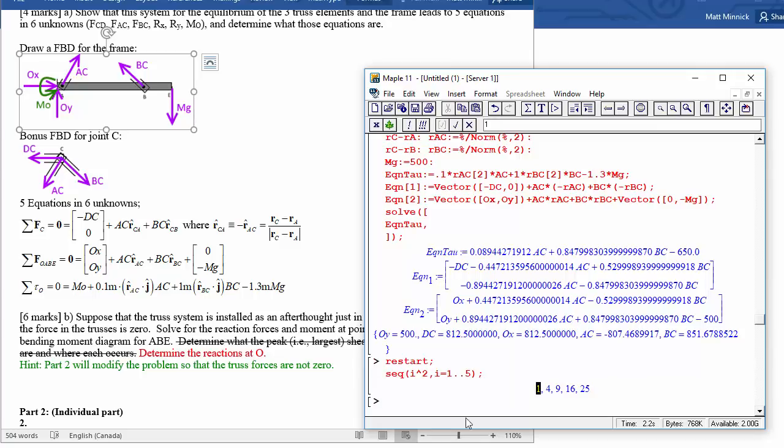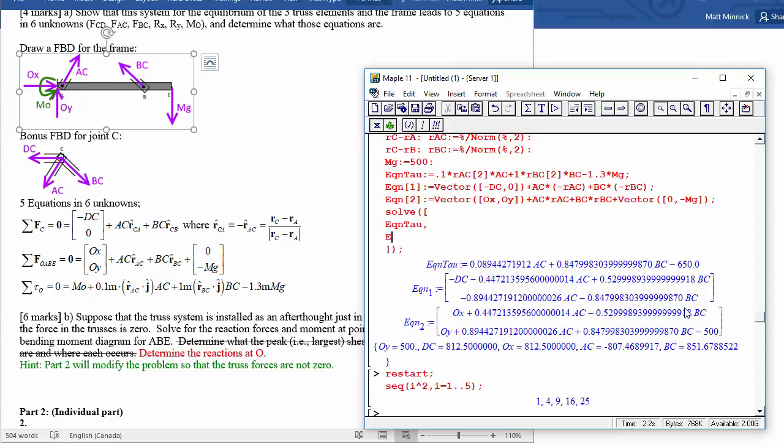What this does is it says whatever you put in here for this loop variable, it just puts them in a list. So what do we need? We need sequence of equation I, 1, and I equals 1 to 5, and we're also going to need equation I, the second component.